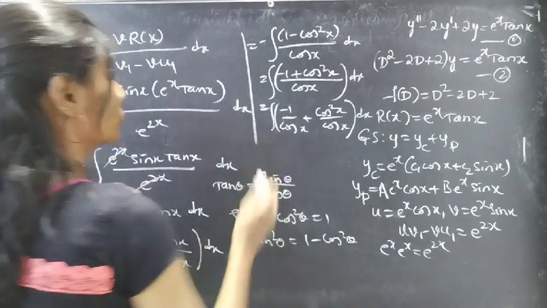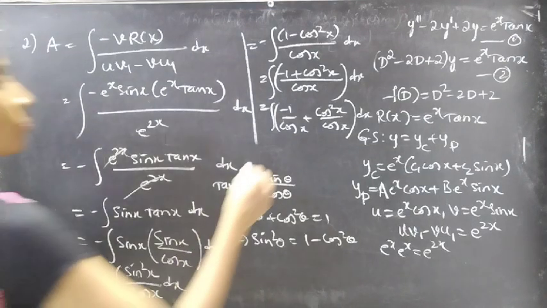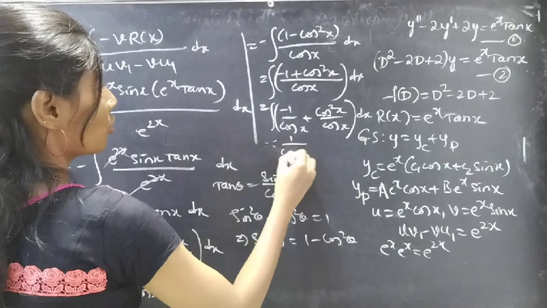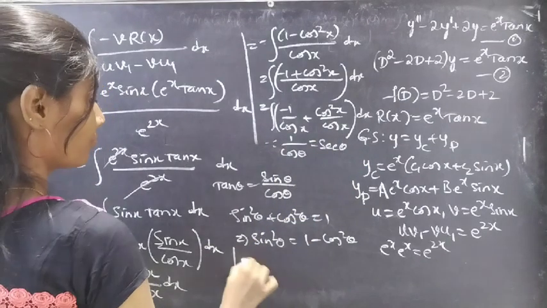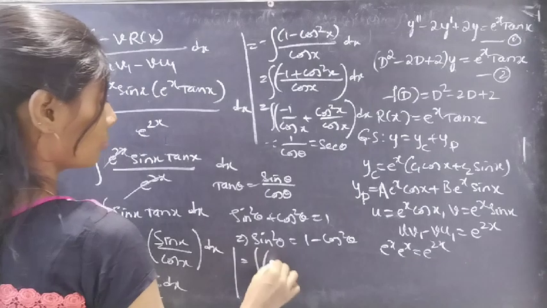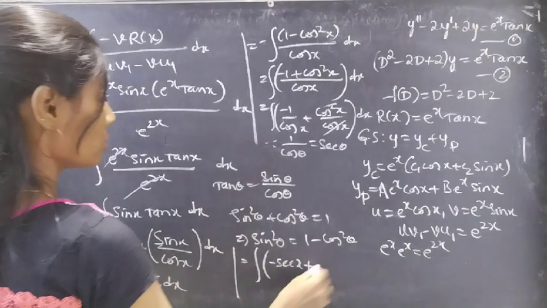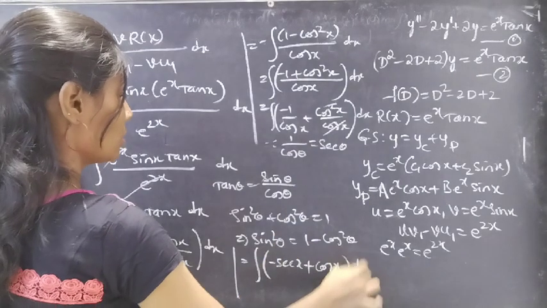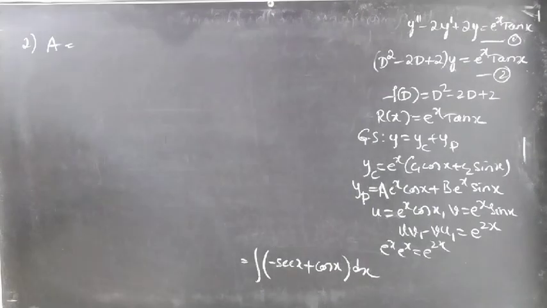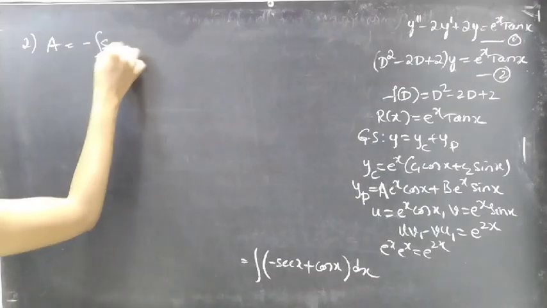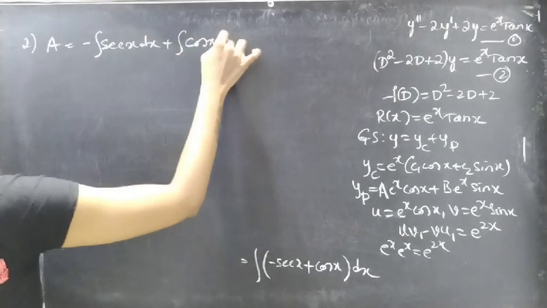Since the reciprocal of cos theta is secant theta, you'll get integral of minus secant x plus, as one cos x gets cancelled, plus cos x into dx. This gives us minus integral secant x dx plus integral cos x dx.